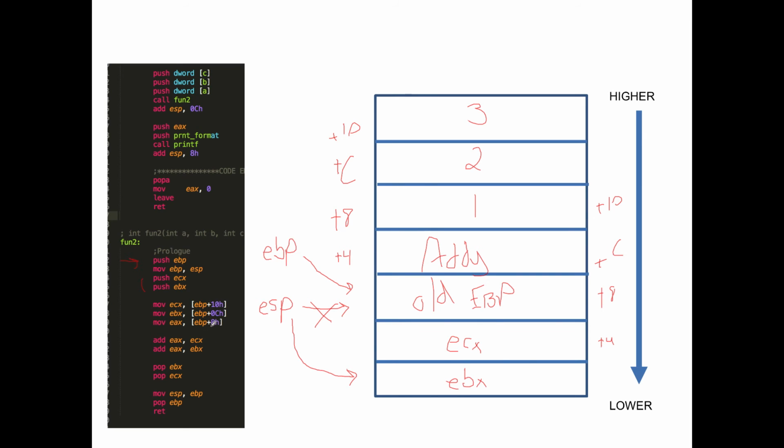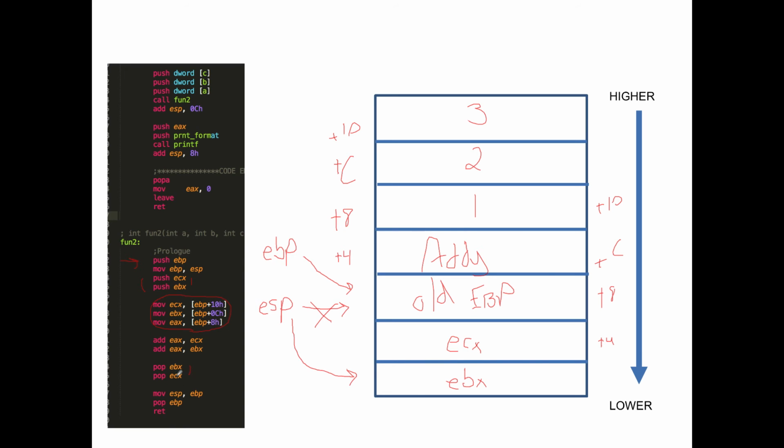So now, inside of my function, this code right here is exactly the same as it was in the last. Even though I modified the stack inside of this function with these pushes, and later on with these pops, this is exactly the same. So I can reference those arguments, move them into registers, do some addition, restore the previous values of EBX and ECX, and then perform the epilogue.